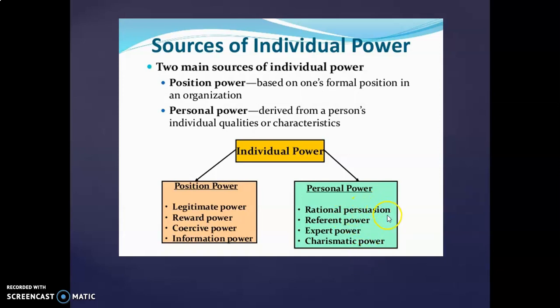So first is rational persuasion. As a boss I will persuade and convince somebody, saying please do it, I know you can do it. I inspire the person to get the work done from him. So obviously he will be motivated and he will do that work. Then referent power is the power which is with celebrities like Amitabh Bachchan, or our Prime Minister Mr. Narendra Modi.